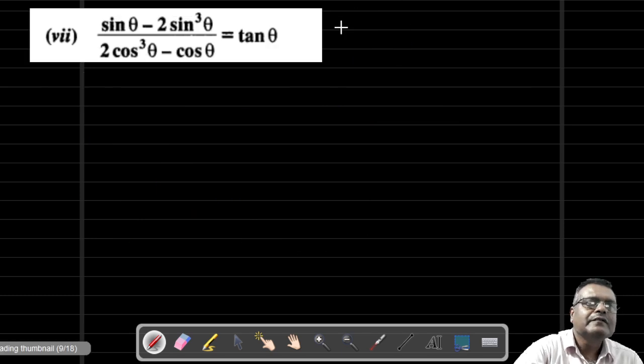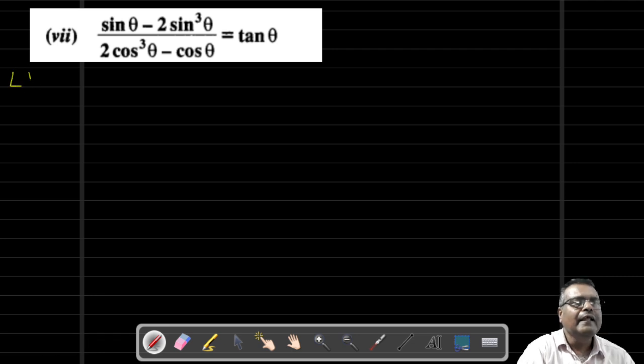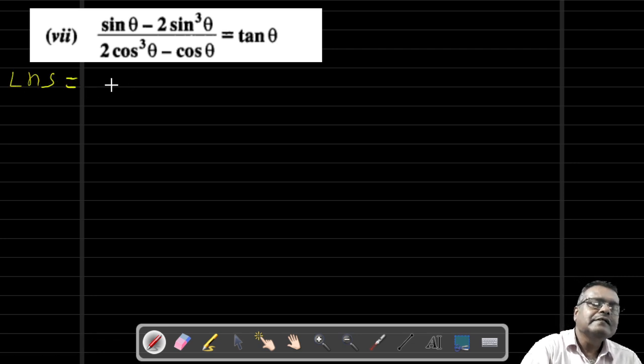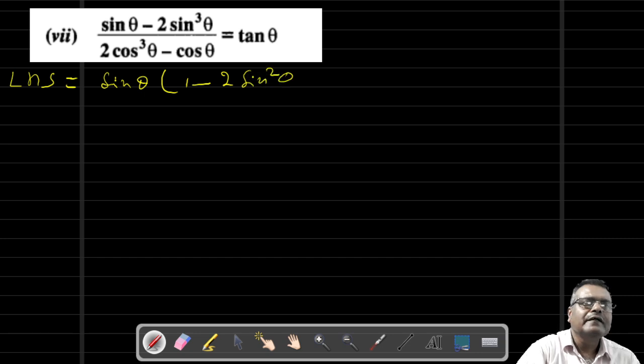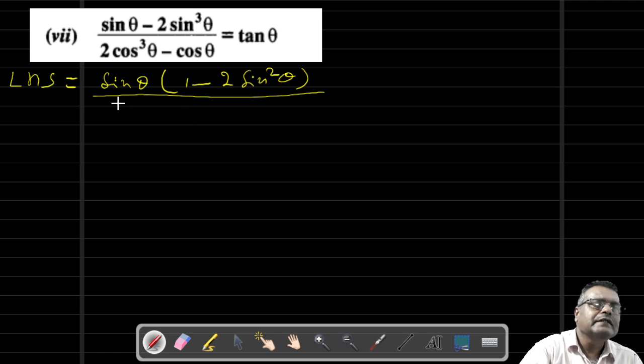Next is seventh question. LHS, you see sin theta you can take common, then 1 minus 2 sin square theta, divided by, if you are taking cos theta common, then 2 cos square theta minus 1.